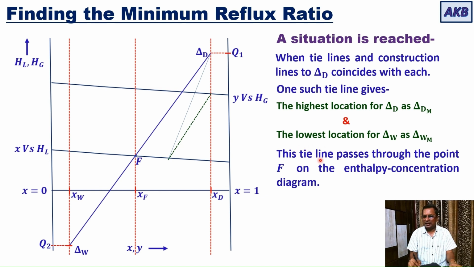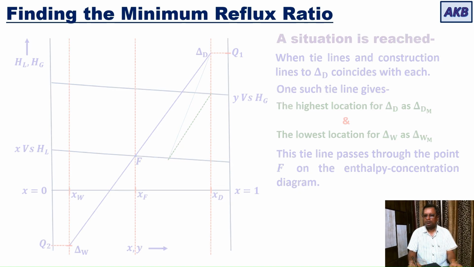The same tie line passes through the point F that we have on the concentration diagram. This tie line which gives the highest location for delta D and lowest location for delta W, and plus it coincides with the construction line, passes through F, the point F on the enthalpy concentration diagram.